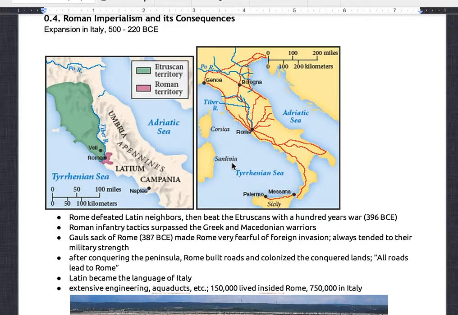In past screencasts, we talked about how Rome sought to bring conquered people in as citizens. This doesn't happen as consistently in the later period of Roman conquest.